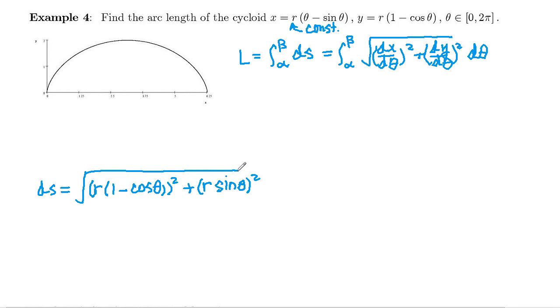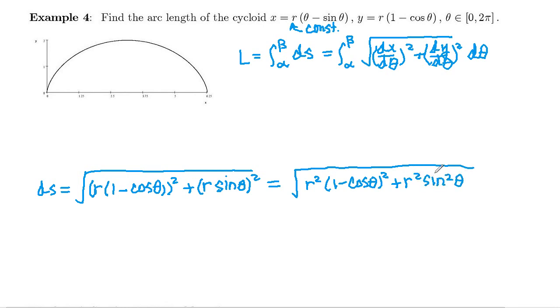And then we want to simplify this as much as possible. So we're going to have an r squared times (1 minus cosine theta) squared and an r squared sine squared theta. r squared is a common factor there, so we can pull that out in front.